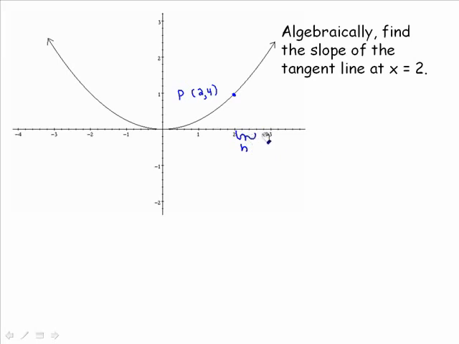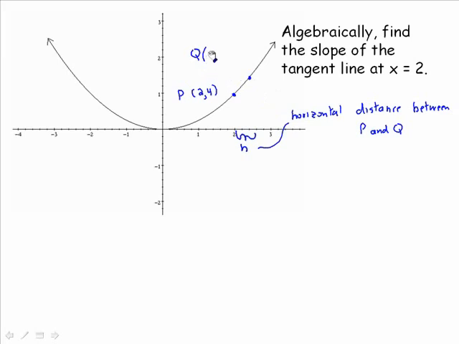And I'm going to call this h the horizontal distance between P and Q. And then, so there's point Q, I'm going to come up with the ordered pair for Q.